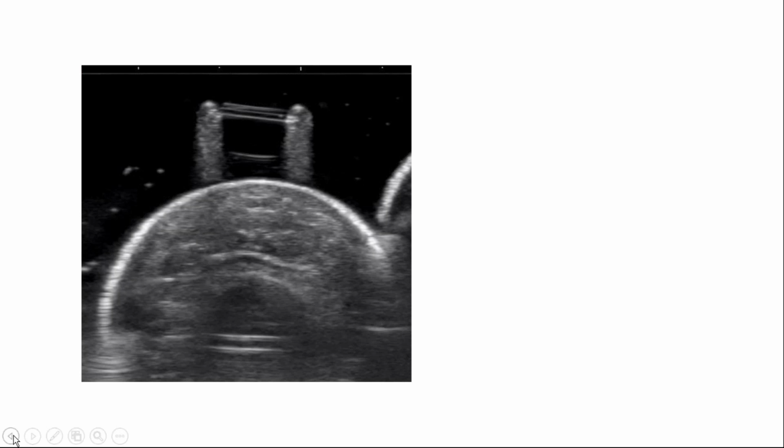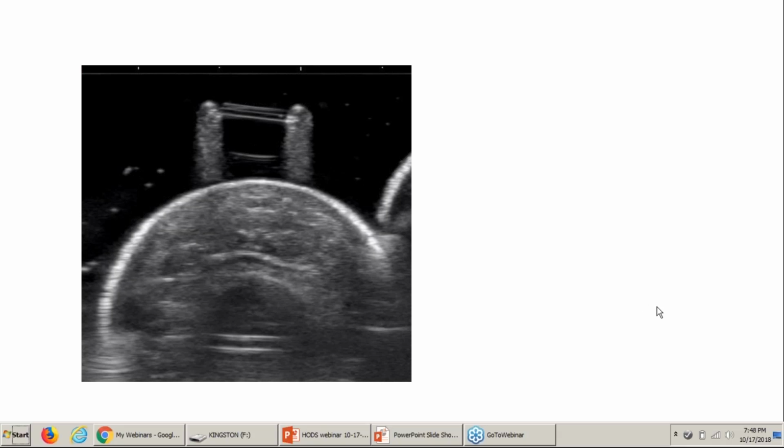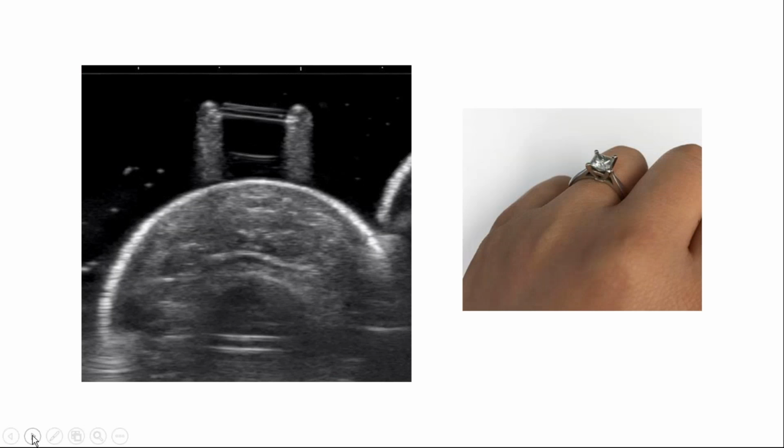Any guesses, anyone else? Ben, Kay, Roy? Any guesses? It looks like a belt buckle. It's possible. No, it is a ring.